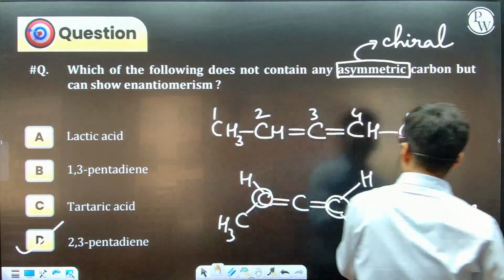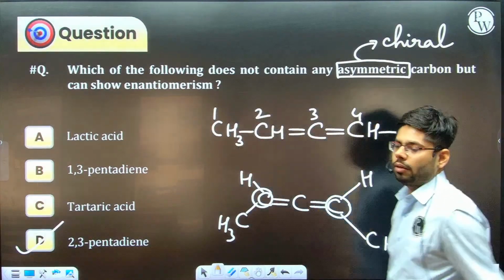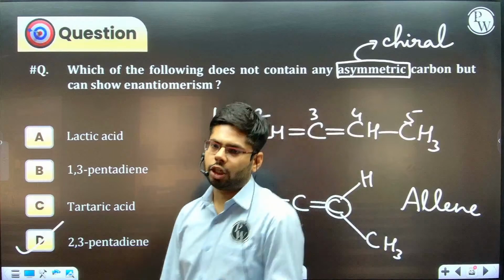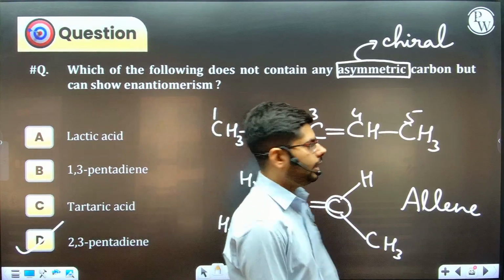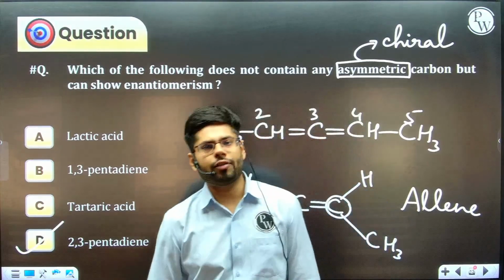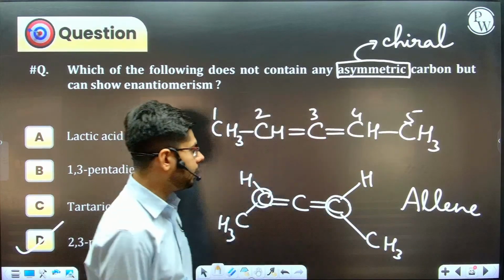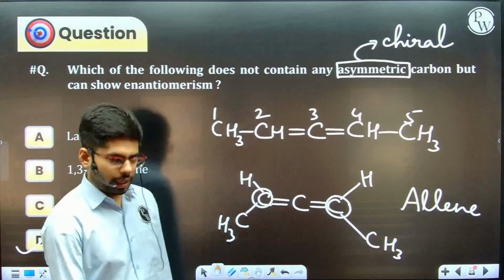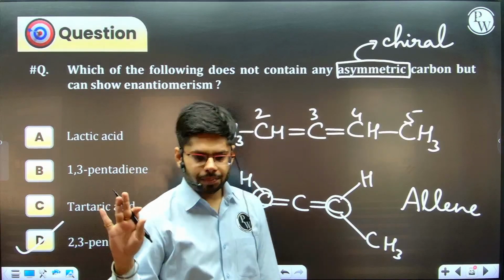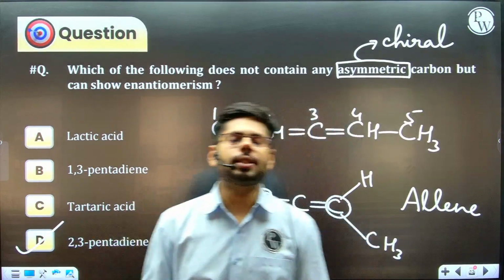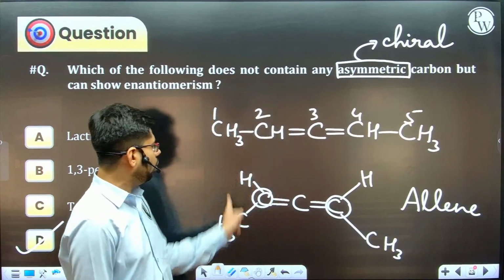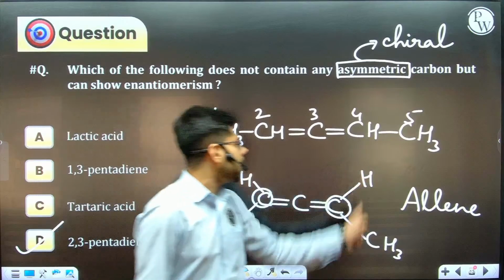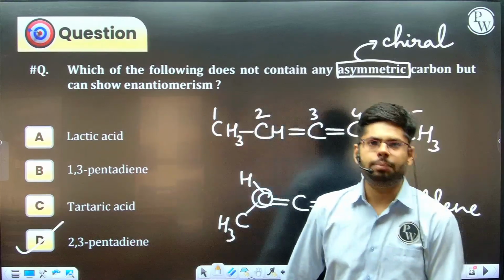Although there is no chiral carbon, this can still show optical isomerism, enantiomerism, because remember that there is no plane of symmetry or center of symmetry in an allene if we have two different groups attached to each extreme carbon.